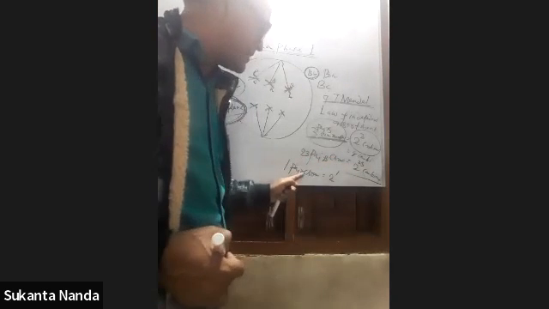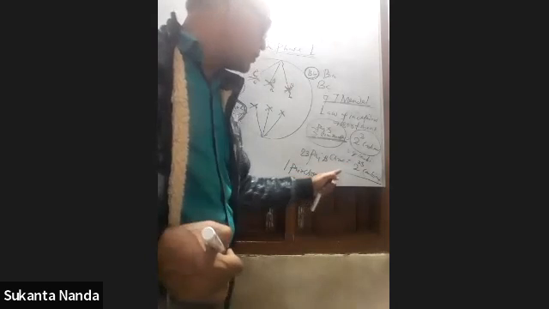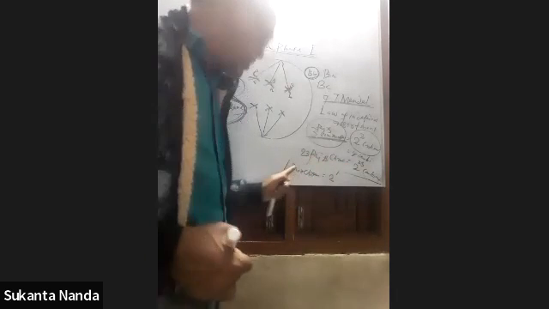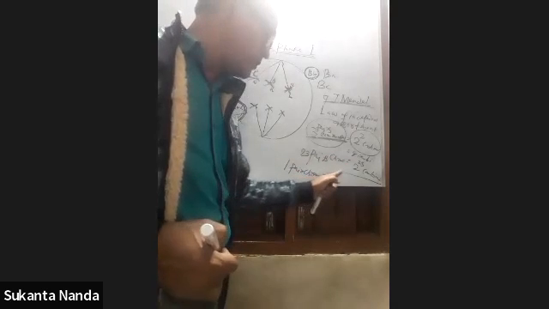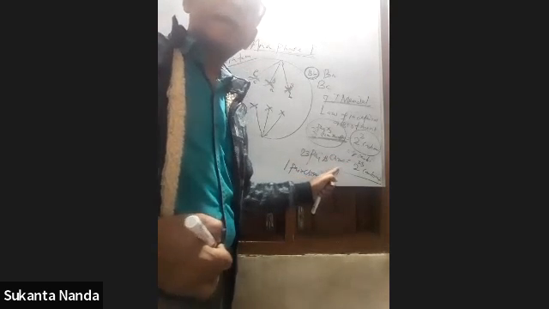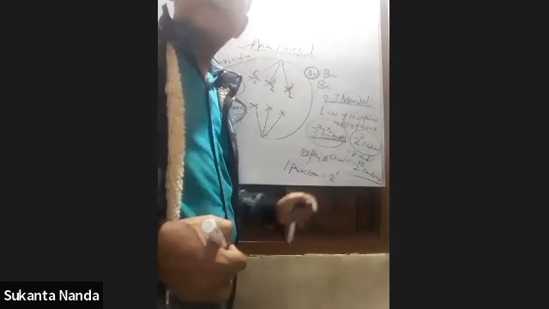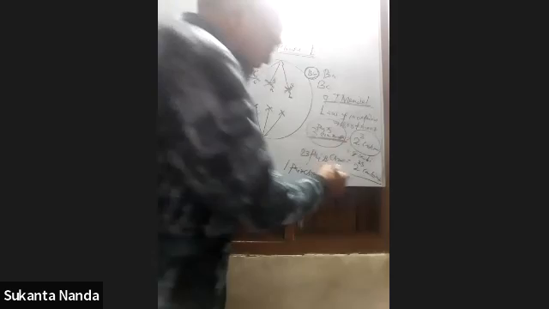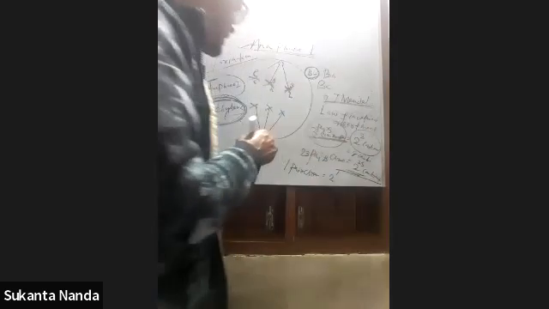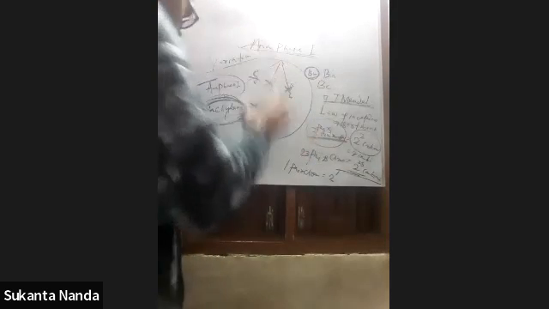So 3 pairs will be 2 to the power 3 combinations. 23 pairs of chromosomes will be 2 to the power 23 combinations. So in this way combinations are made. So what has the law of independent assortment told?